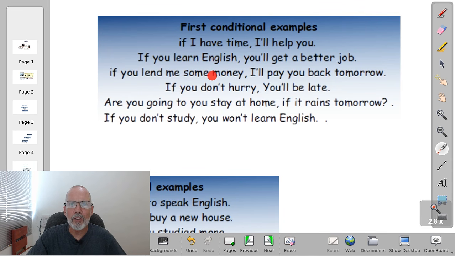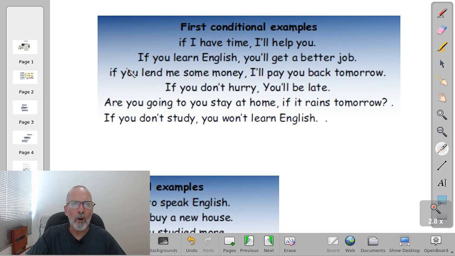If you lend me some money, I'll pay you back tomorrow. This is like a promise. If you lend me some money, I'll pay you back tomorrow, I promise. Again, present simple, will plus base verb, future simple.